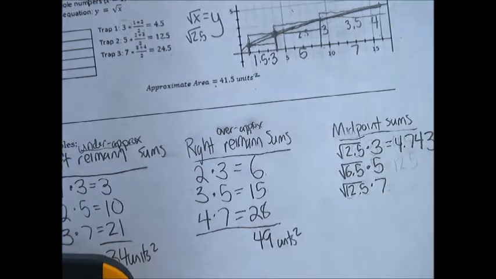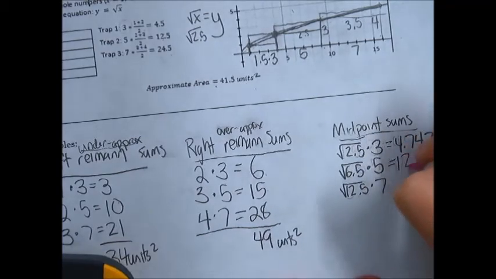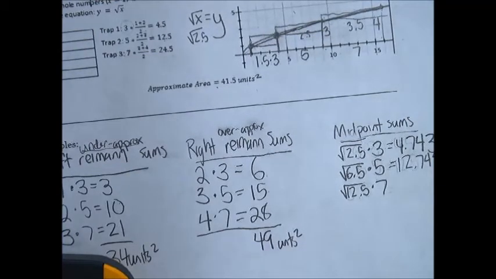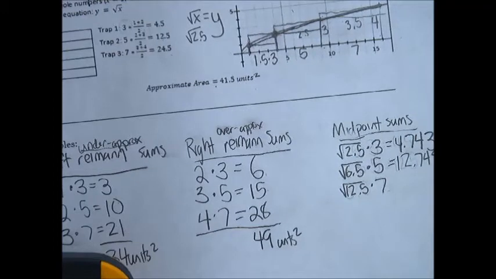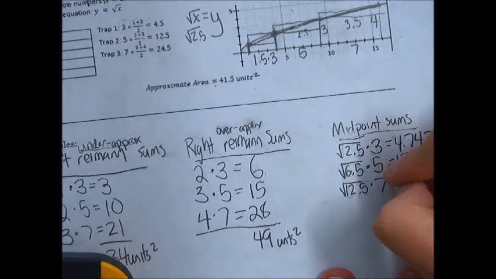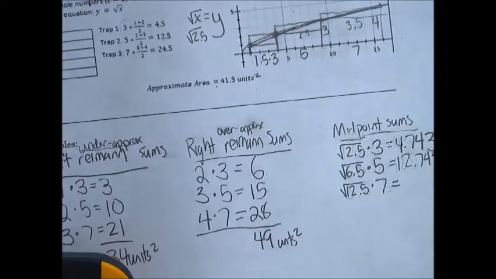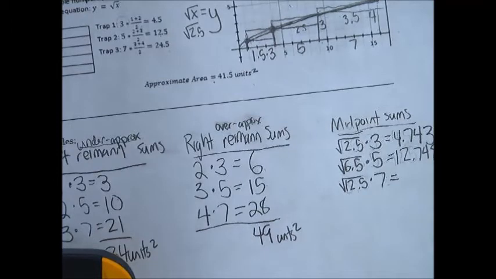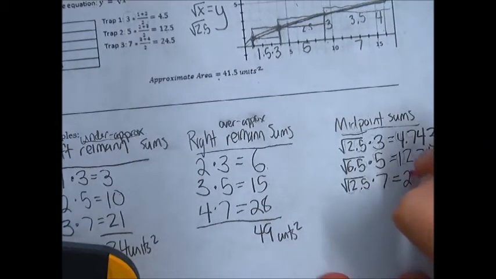The second one is 12.748. And the third one, I did it wrong. Sad panda. All right, is 24.749.